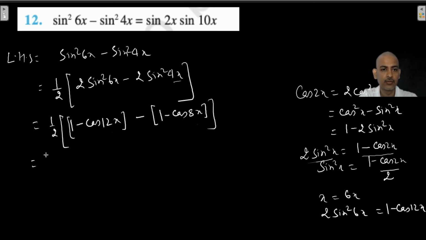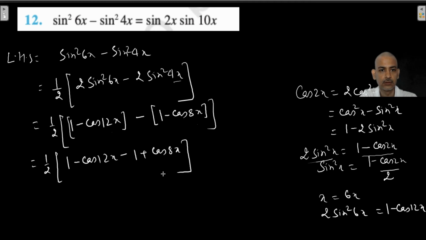Now let's open the braces. If you open the brackets, it will become 1 minus cos 12x minus of 1 plus cos of 8x. Alright, so the 1 and minus 1 will cancel out, and you will be left with 1 by 2 into cos of 8x minus cos of 12x.